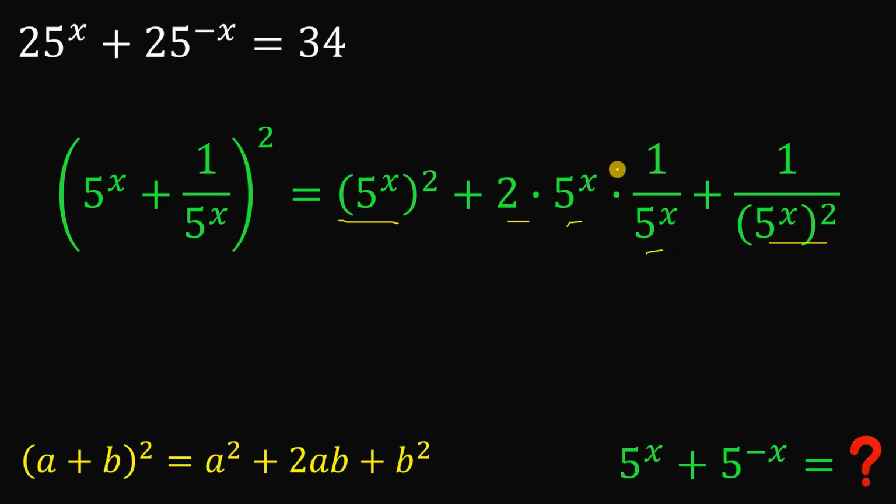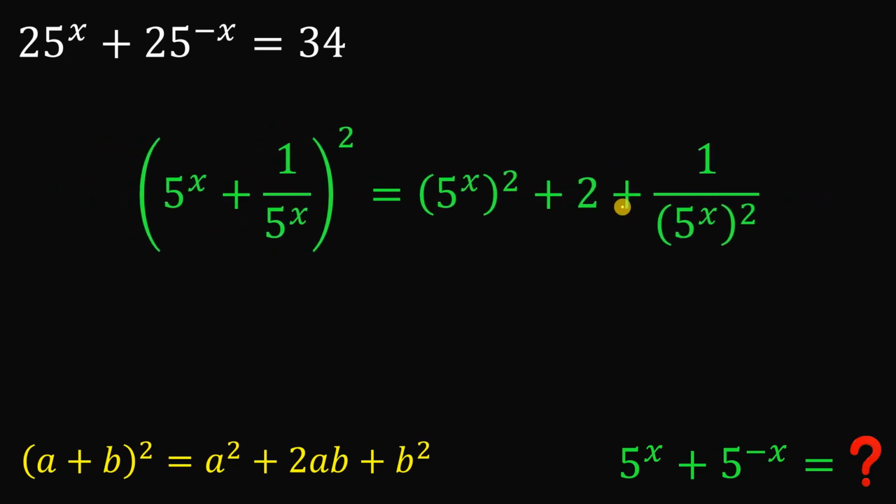Now, also take note, 5 raised to the power of x times 1 over 5 raised to the power of x, this is technically equivalent to 1. And now, let's rearrange some terms a little bit. And notice this expression, 5 raised to the power of x raised to the power of 2. Now, we will apply some laws of exponent.